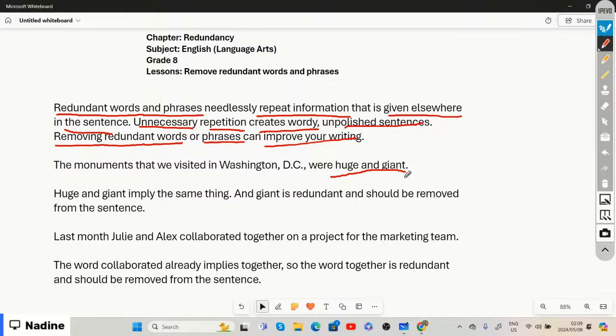It's not that a word is being repeated, but huge is a synonym of giant, which means it is basically the same thing. Giant is the word that we added afterwards. It is redundant and should be removed from the sentence. So our sentence will only be: the monuments that we visited in Washington, D.C. were huge.